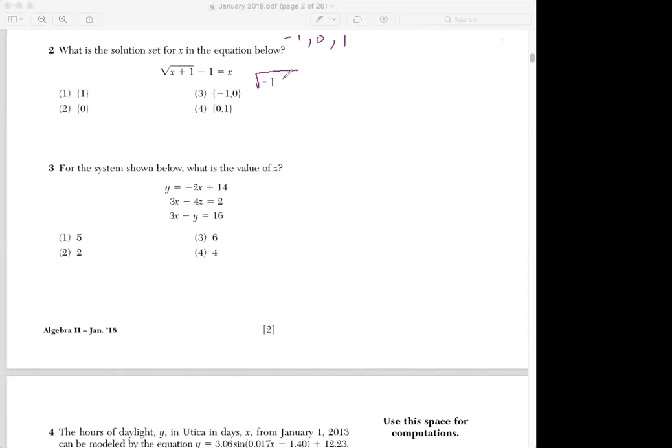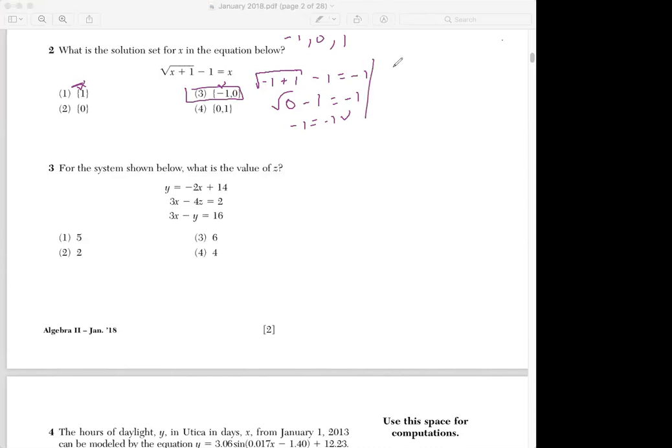So -1 plus 1 minus 1, does that equal -1? Yep, -1 equals -1. Oops, it's +1. -1 is good. -1 is only in answer choice 3, so it has to be answer choice 3.